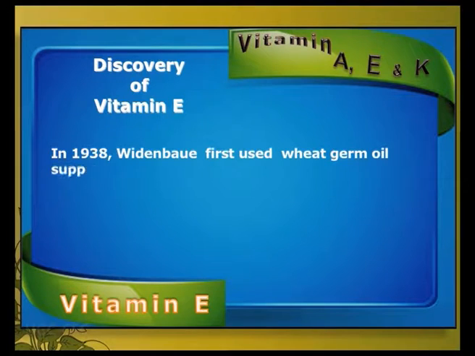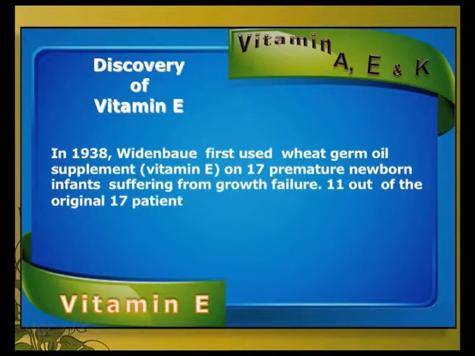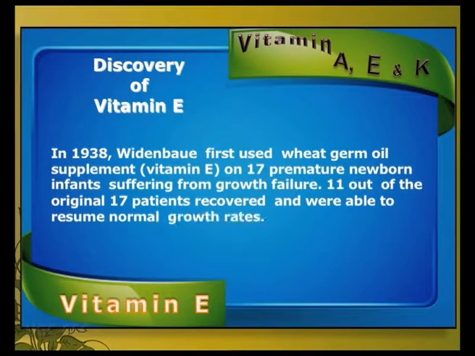In 1938, Weidenbaugh first demonstrated that when wheat germ oil is supplemented to 17 newborn infants who were suffering from growth failure, 11 of them resumed their normal growth.